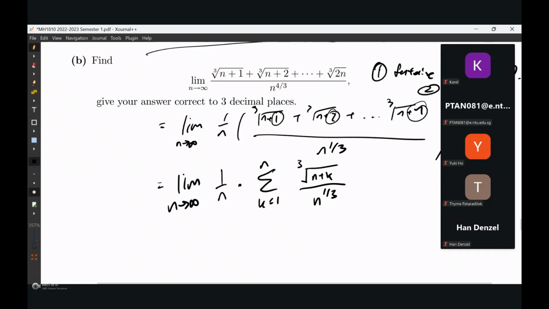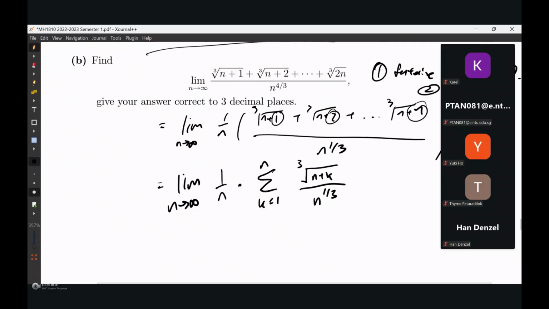Now just go and calculate the integral for this from 0 to 1. Here you should get 3 over 4 times 1 plus x to the power of 4 over 3. Oops, sorry for that, my app is frozen. Okay, so we're here.